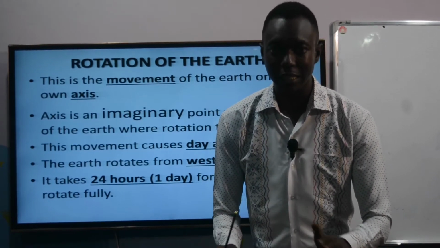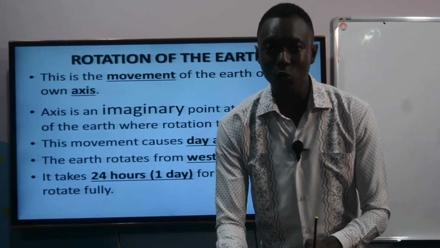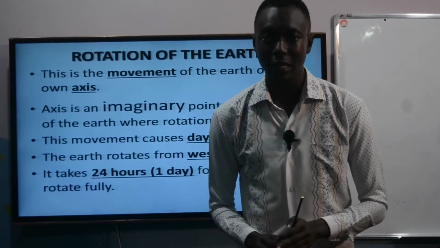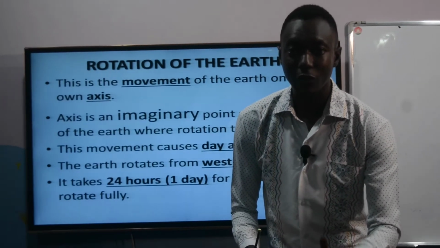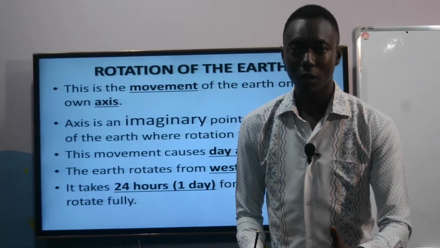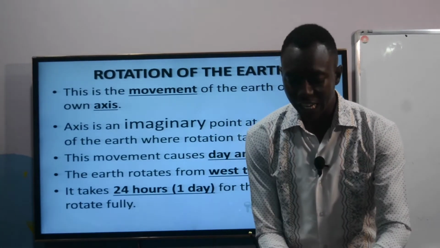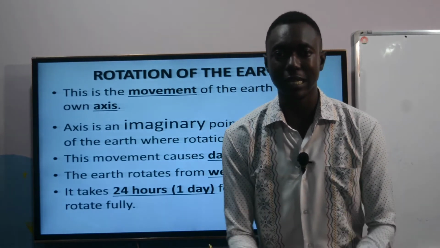That part having sunlight is known to be having day. The other side that is not receiving sunlight at that very moment is said to be experiencing night. So without rotation, we cannot get day and night.